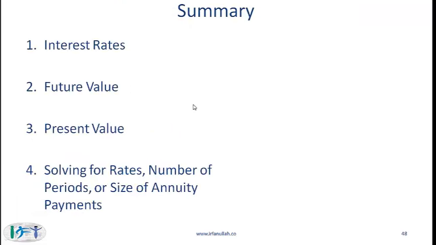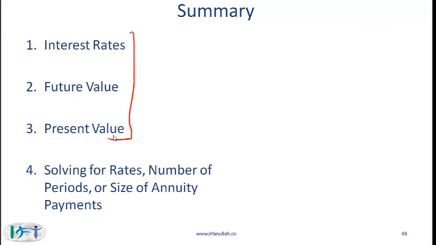So that brings us to the end of this reading. We talked about the interpretations of interest rates, and we talked about how an investor can think of interest rates as a sum of multiple components. We then talked about future value, the concept of compounding. Then we went over the present value concept and the fact that we can discount a future value to come up with present value.